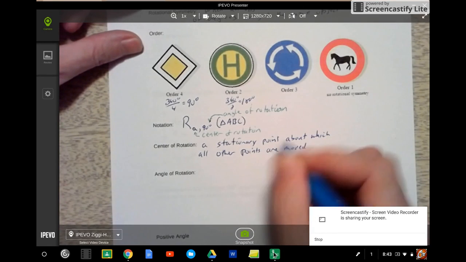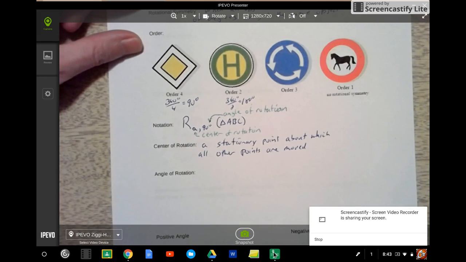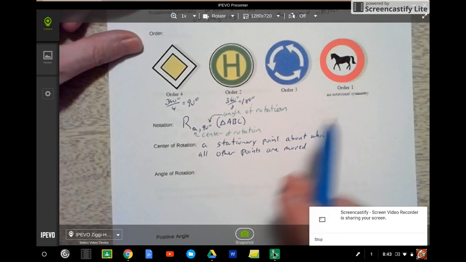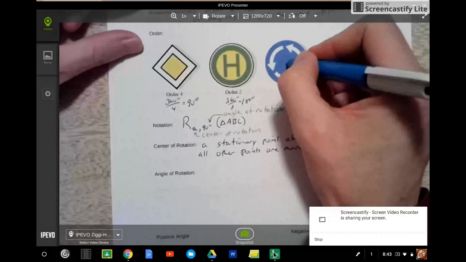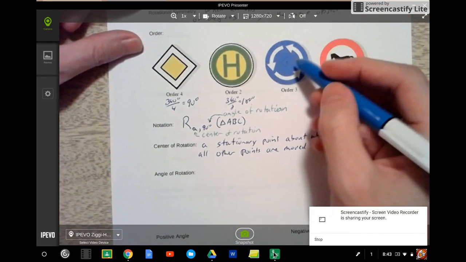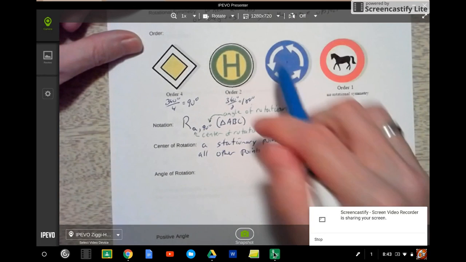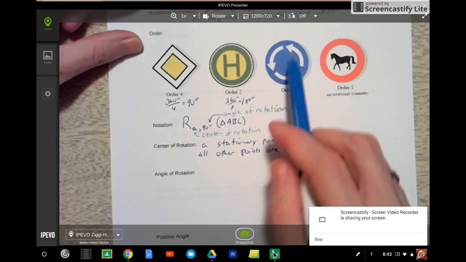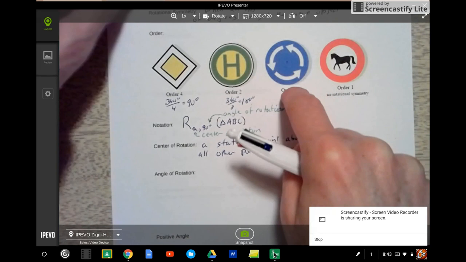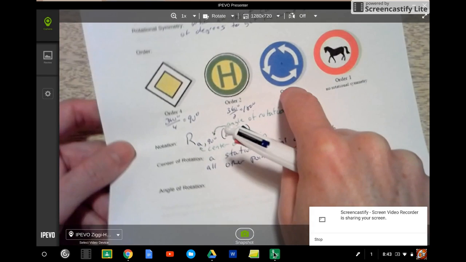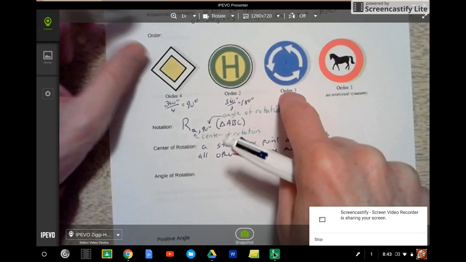The stationary part is very important because it tells you that during a rotation, everything is going to move except that one point. Like when we spun these around, if I put the stationary point in the center, that point doesn't move, but everything else around it is going to move. Okay? If I rotate it in a different way, let's say my stationary point was here, well, then the object would move around that point. Okay, so that's what we mean by the stationary point.